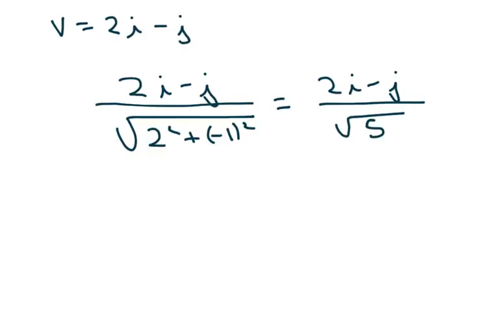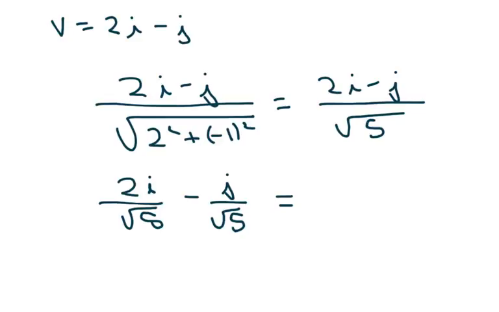That gives us 2i over square root of 5 minus 1j over square root of 5. When you rationalize the denominator, you get 2 square root of 5 over 5 i minus square root of 5 over 5 j.